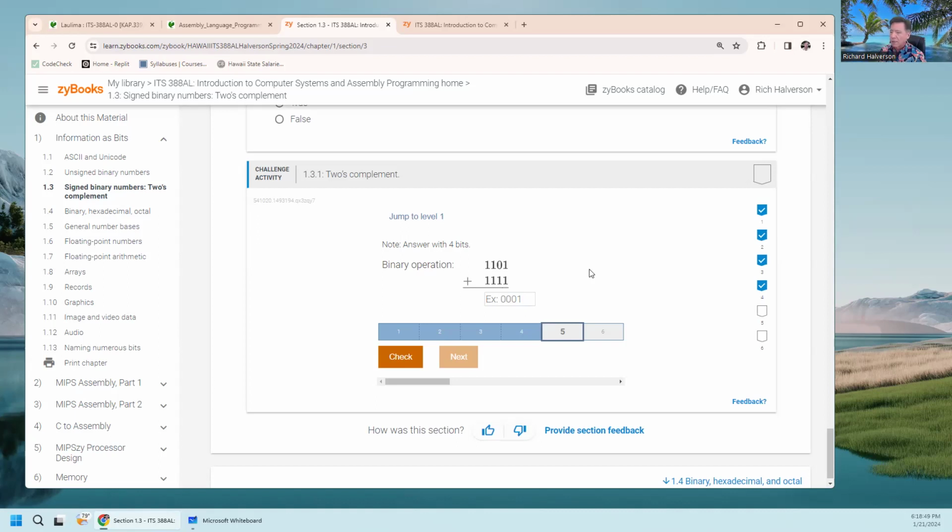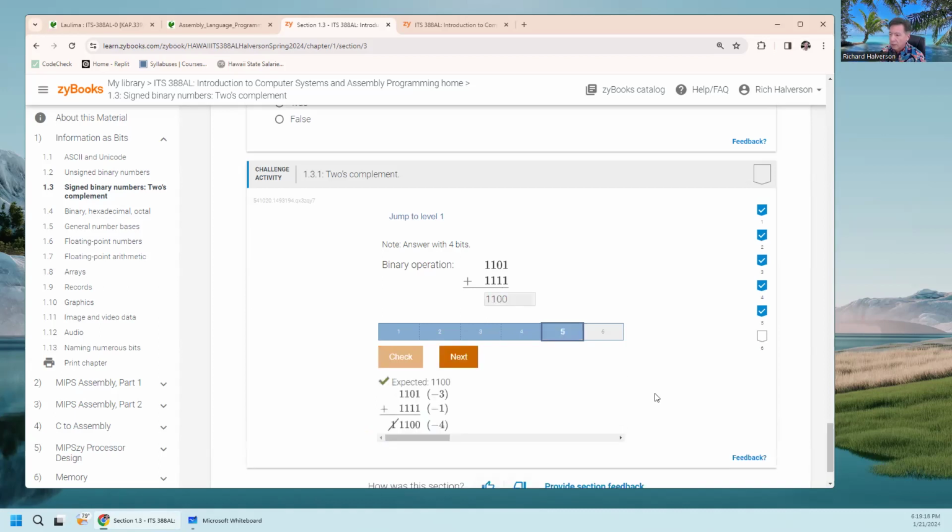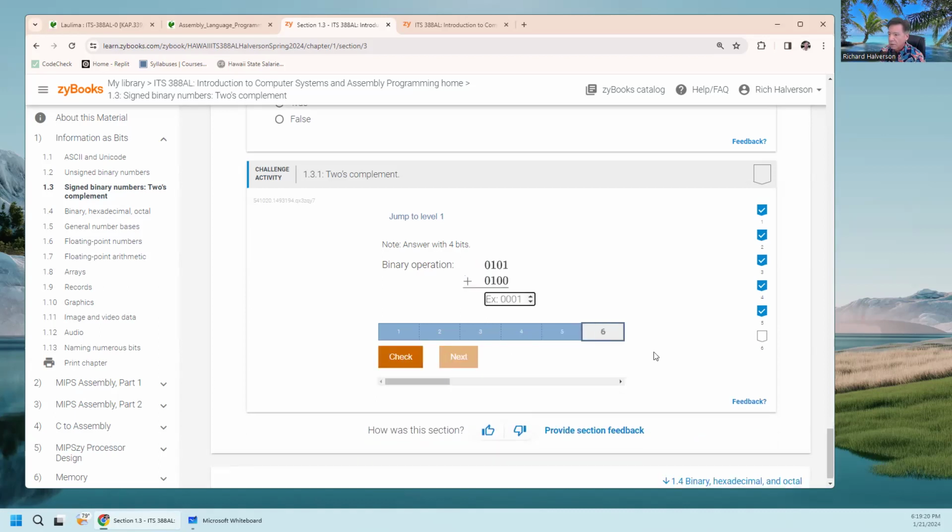So I can take 1101 and subtract 1 from it, because adding 1111 is like subtracting 1. So if I have 1100 and I subtract 1 from it, I just get 1100. Let's see if I'm right. Yes.